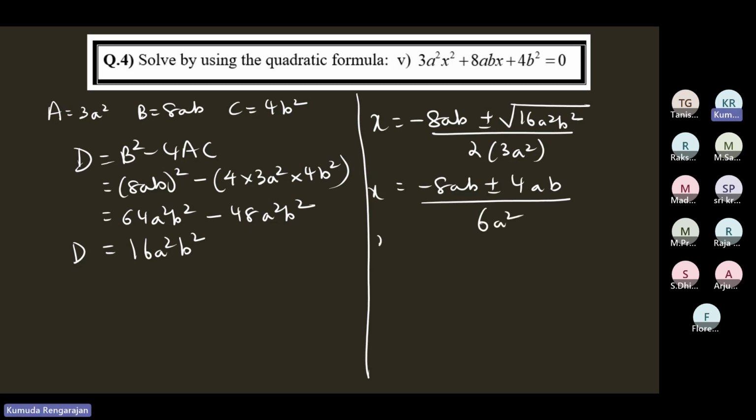So one value of X is with the plus sign: minus 8AB plus 4AB by 6A square, or X is equal to minus 8AB minus 4AB by 6A square.